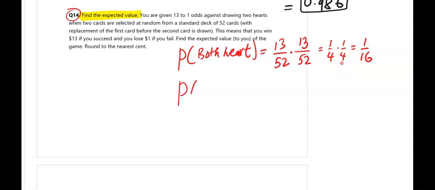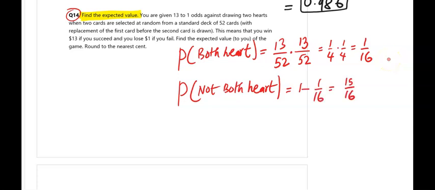So what's the probability of not both hearts? It's the complement, 1 minus 1/16, which gives you 15/16.